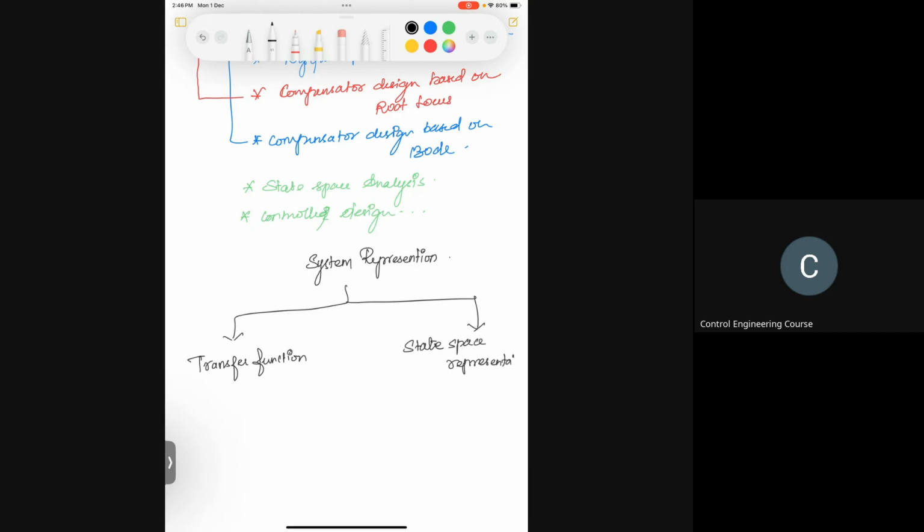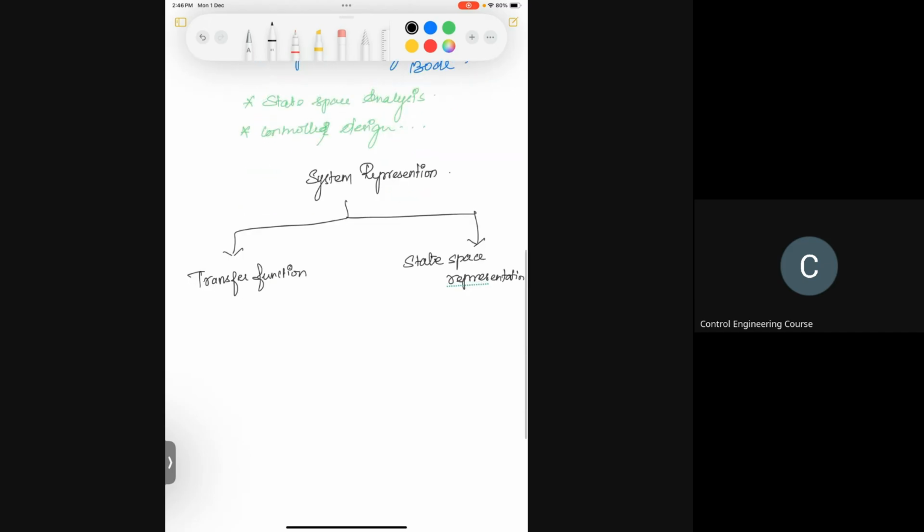Apart from this, a system can be defined using differential equations in continuous time, difference equation in discrete time. This is for continuous, this is for discrete time equations. So these are all different ways of representing the same system. A single system can be represented in different forms. Each of the forms has its own advantage and disadvantage.